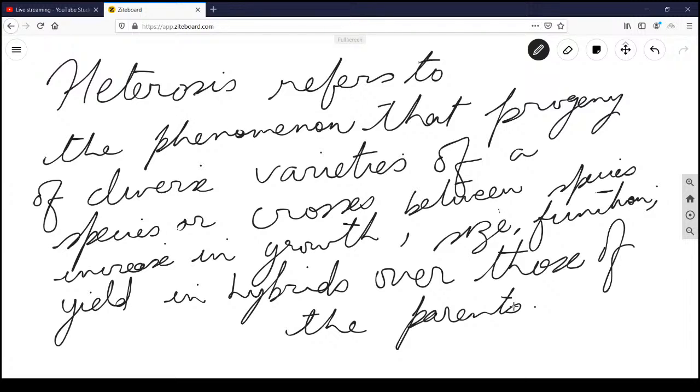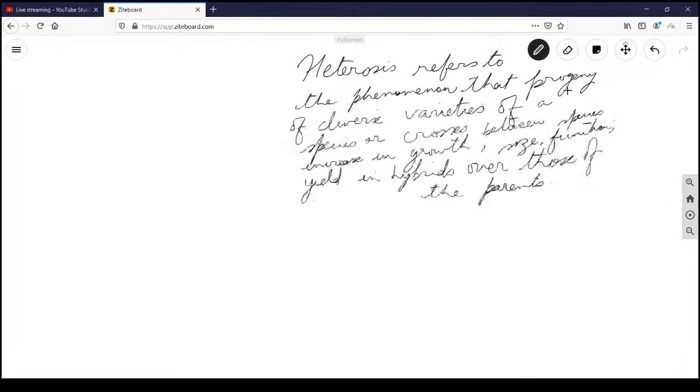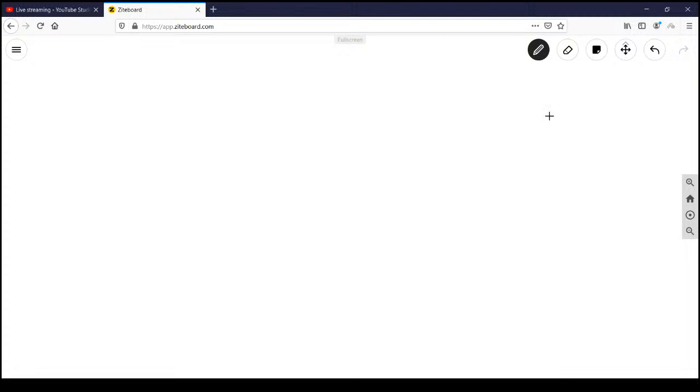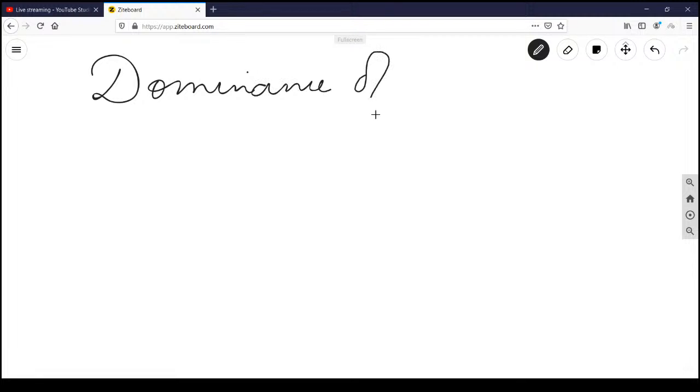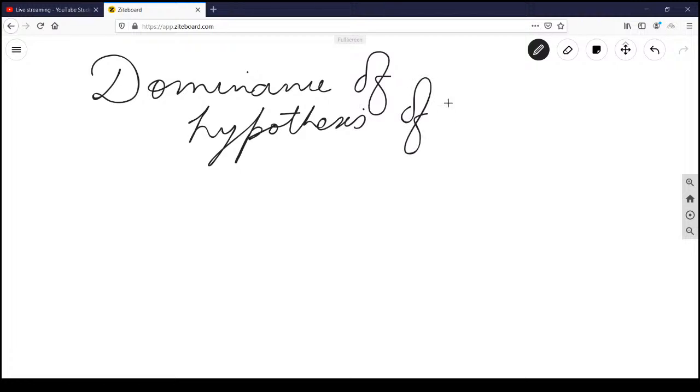There are two postulates also. If you see postulates molecular biology wise, you have the dominance hypothesis of heterosis and the over dominance hypothesis of heterosis.